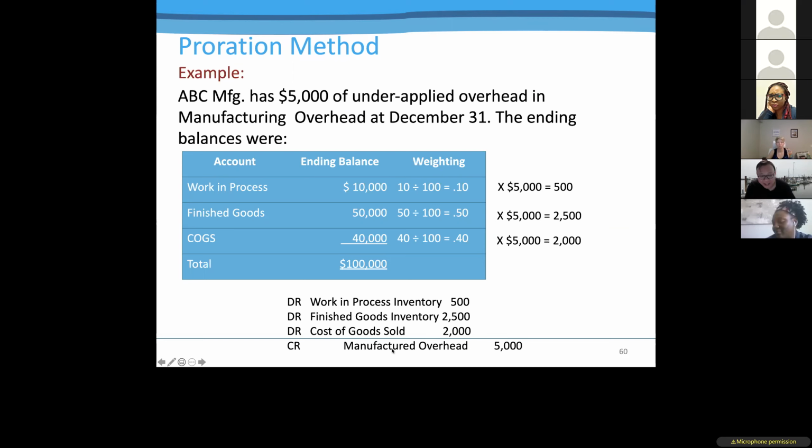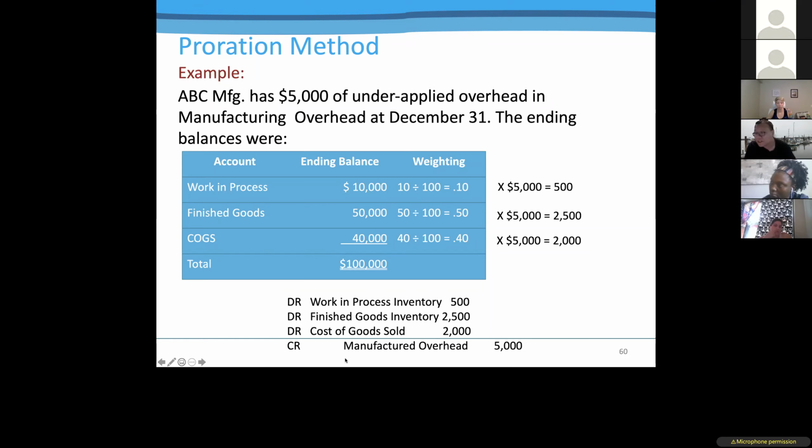Yeah, so basically, because it's under applied, that means there's a balance sitting at the debit side, right? There's a debit balance sitting at the manufacturing overhead account. In order to get rid of the debit balance, we have to credit manufacturing overhead, right? And then you just have to debit the other ones, okay?